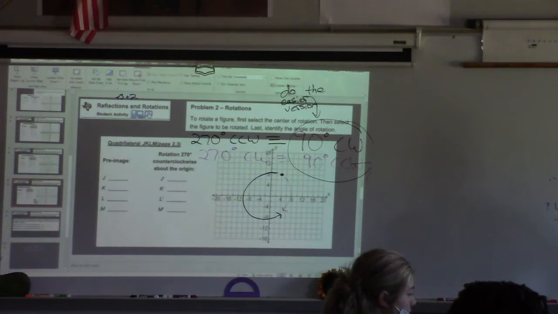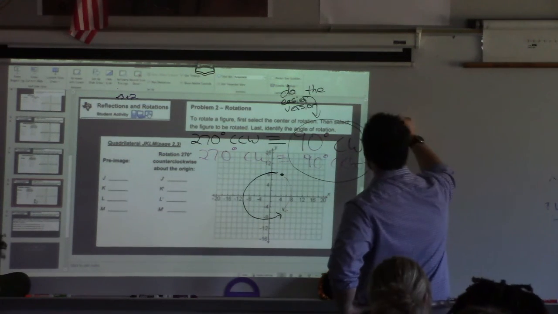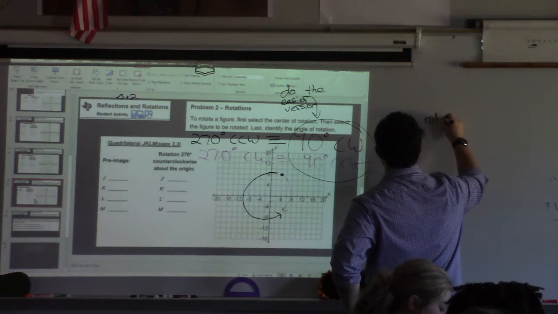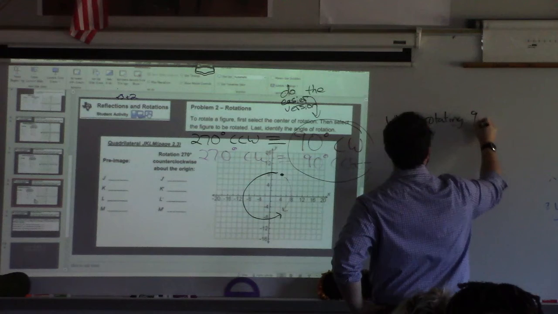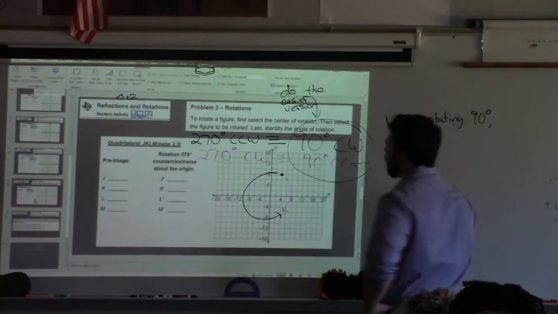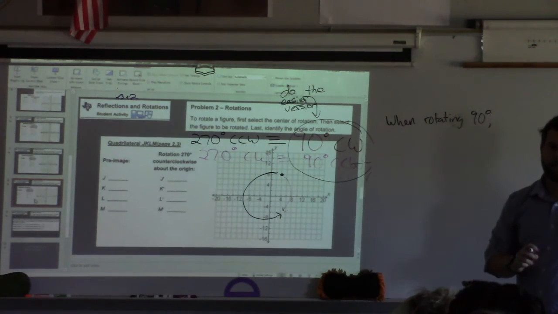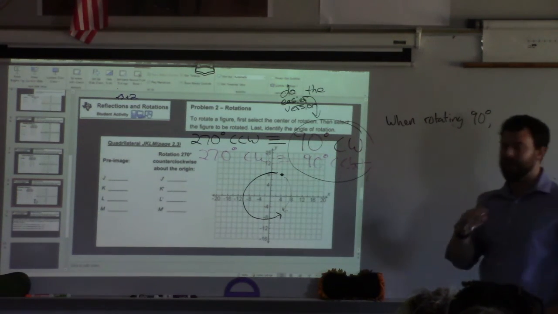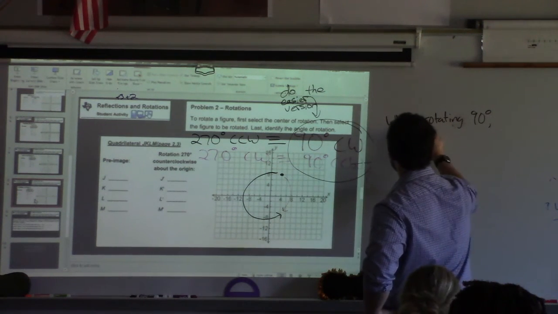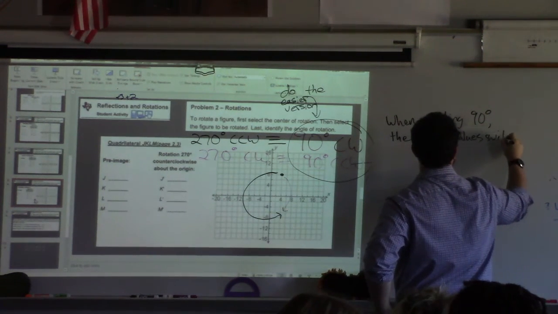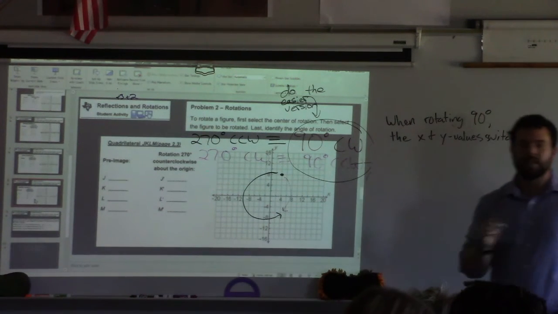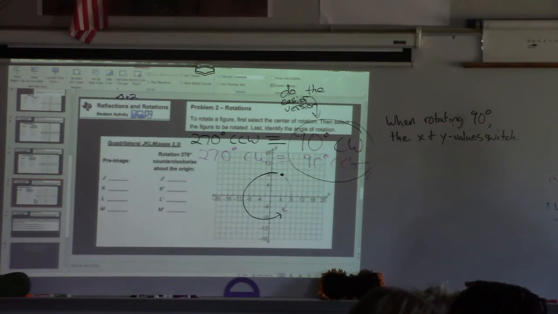The last thing I want you to make a note of with this lesson is when rotating 90 degrees, what do we know about the x and y? They switch. The x and y values switch. You're right. Did I say anything about when it's the opposite or anything like that? No. So how are we going to know which one is negative or positive?